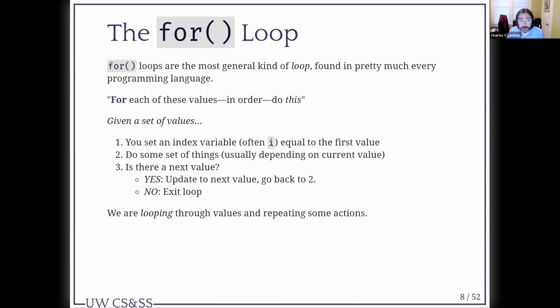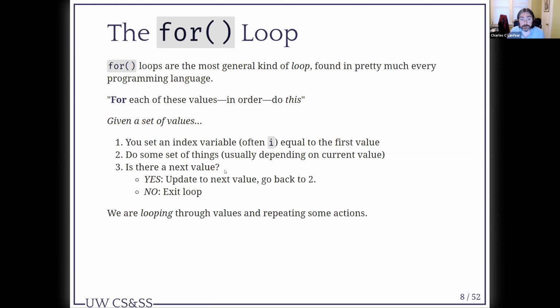So they work like this. You begin with some set of values. Given a set of values, let's say it's the numbers 1 through 10, you will set an index variable, maybe some variable like I, equal to the first value of this set we have. You'll do some set of things that usually depend on the current value I. After you're done doing those things, you check and see if there is a next value.